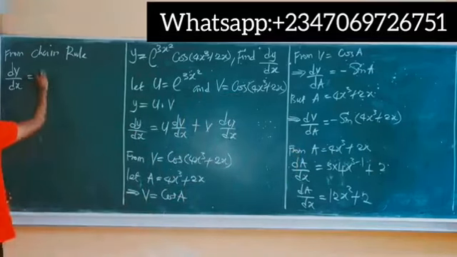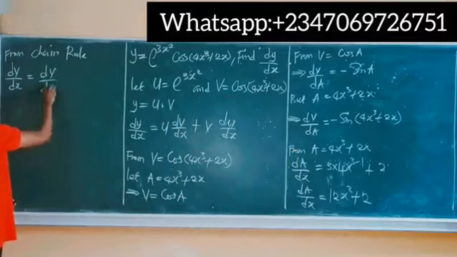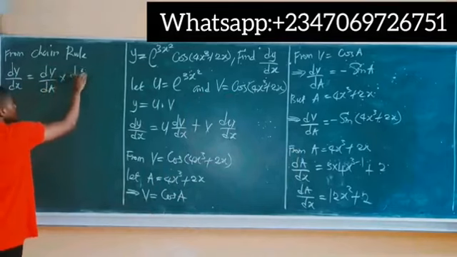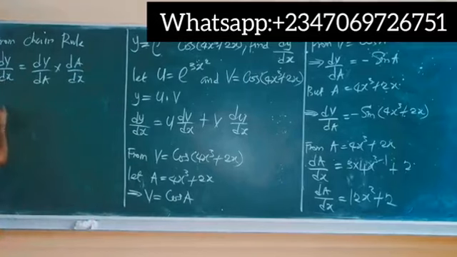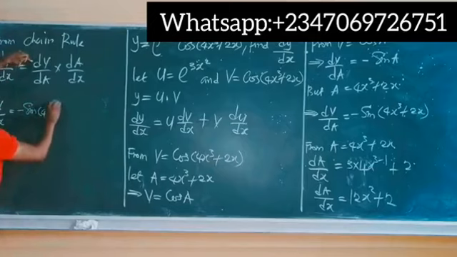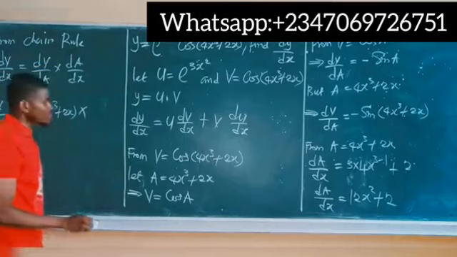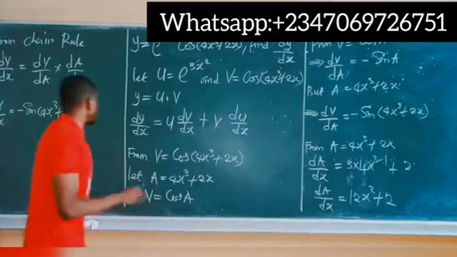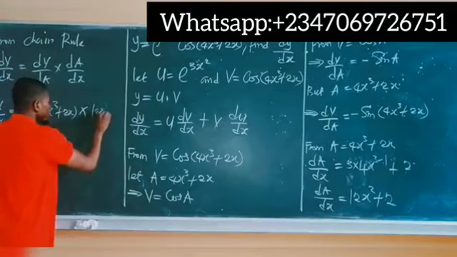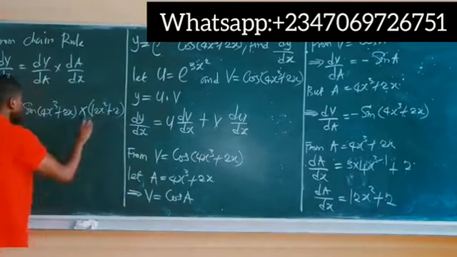So this is simply dv da times da dx. So dv dx is now equal to dv da, which gave us minus sine 4x cubed plus 2x, multiplied by da dx, which simply gave us 12x squared plus 2. Alright, so you have this.